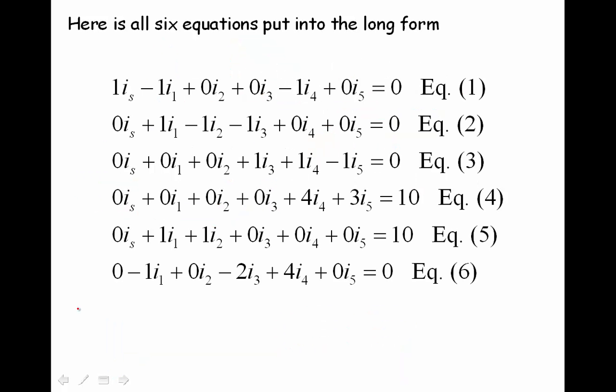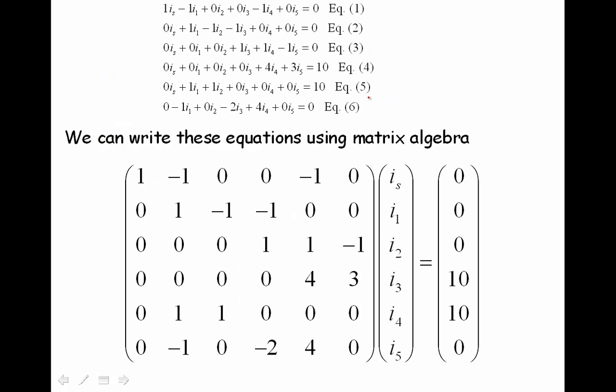Well, you could do that yourself for these other equations that we didn't work through together, but these are the 6 equations now written in terms of every one of the unknowns that we are trying to solve for. Okay, now we make this into a matrix so that this is 1, negative 1, 0, 1, negative 1, 0, 0, negative 1, 0, 0, negative 1, 0.